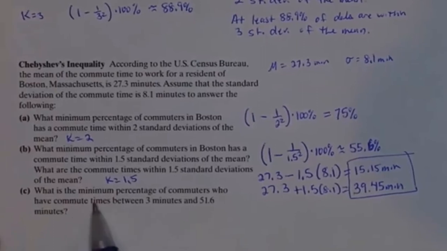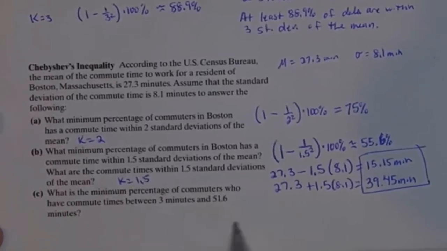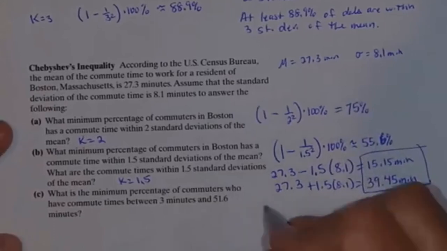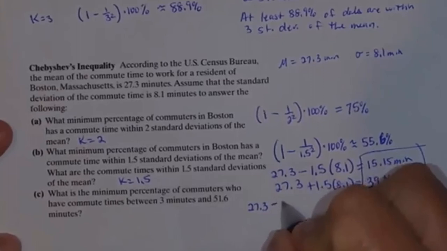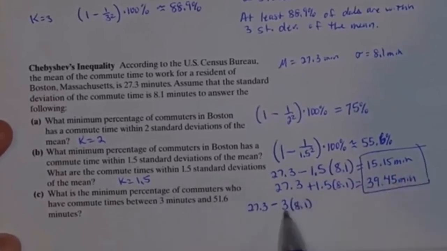Part C, what is the minimum percentage of commuters who have commute times between 3 minutes and 51.6 minutes? Well, the tricky part of this question is we have to figure out how many standard deviations 3 minutes and 51.6 minutes are from the mean. So if I take my mean, 27.3, and subtract 3 times 8.1, that's 3 times the standard deviation.